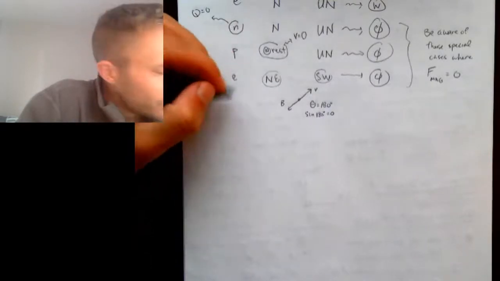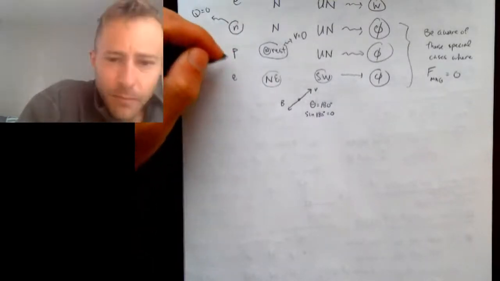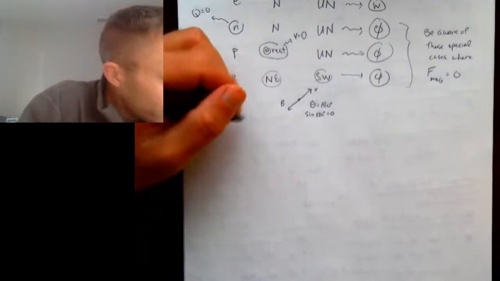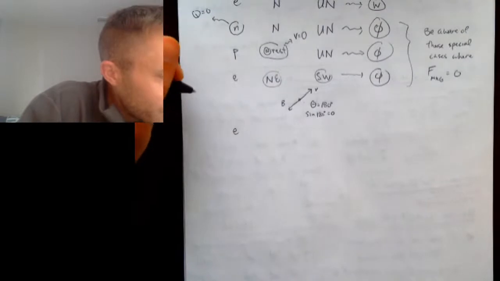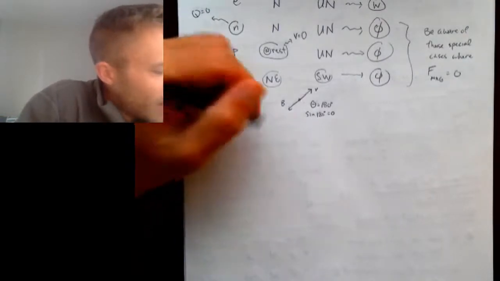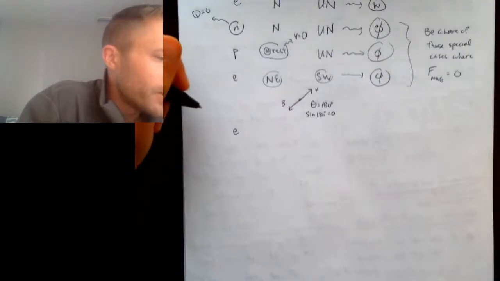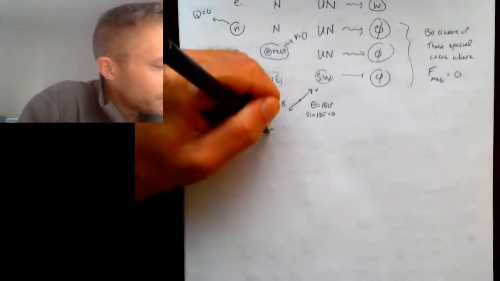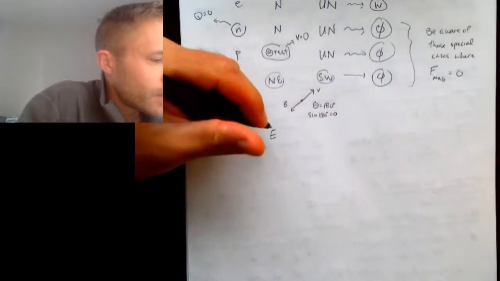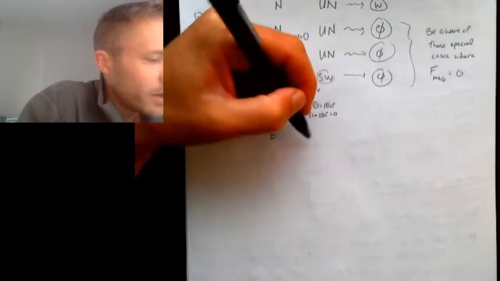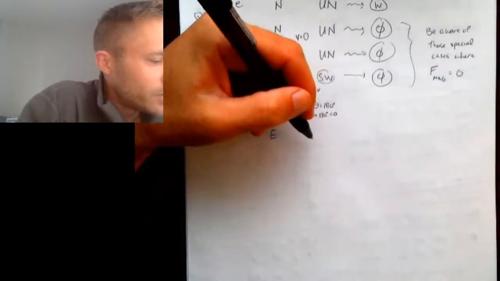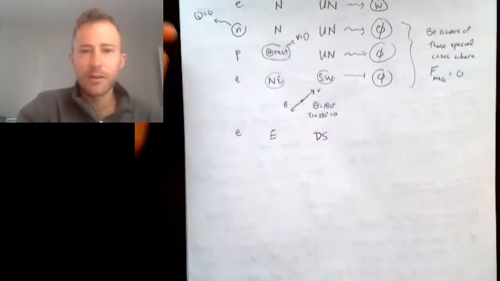Let's suppose we have an electron that is traveling east in a down south magnetic field.